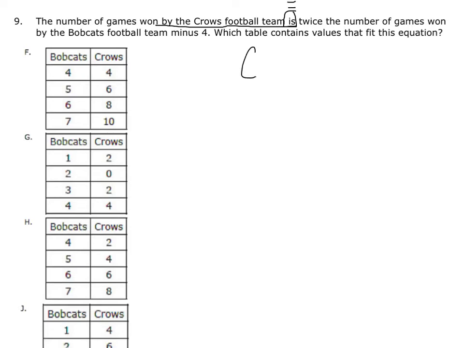So I'm going to say the Crows football team is twice the number of games won by the Bobcats team, so twice the Bobcats, minus 4. So there's my equation. So now I just have to look at my table of values, and I'm going to plug in for the Bobcat and for the Crows and see what works.